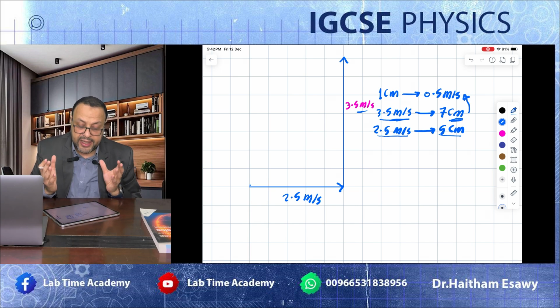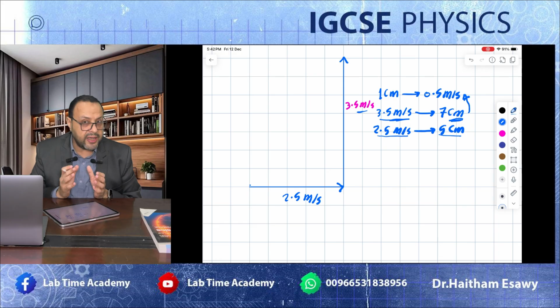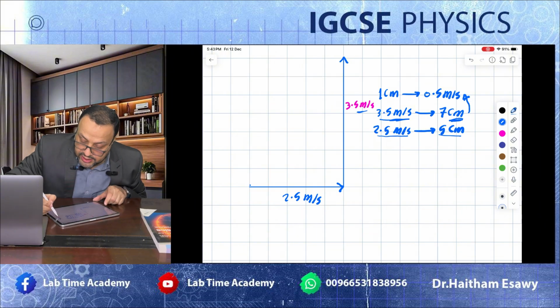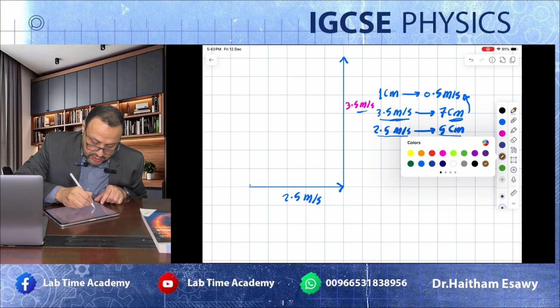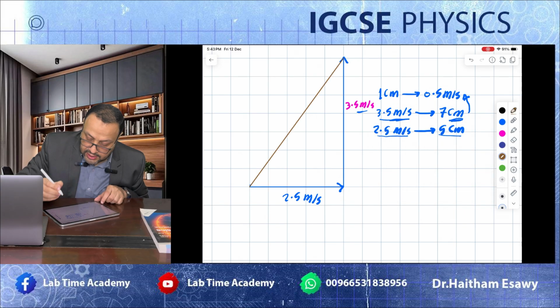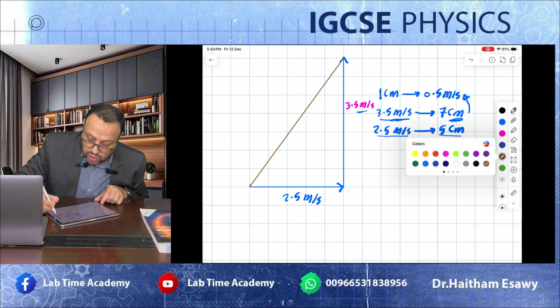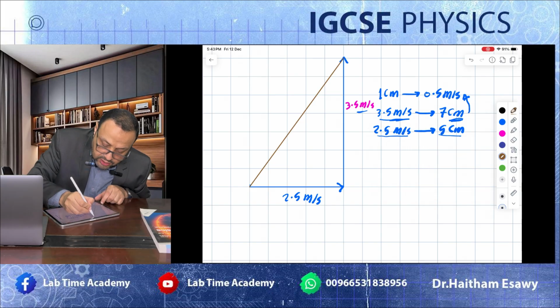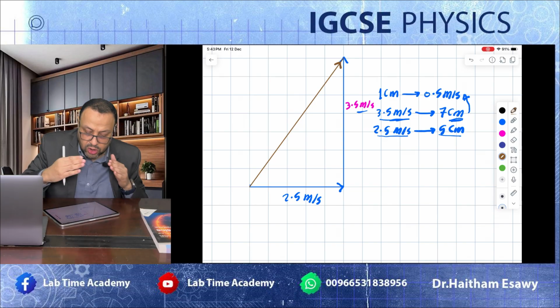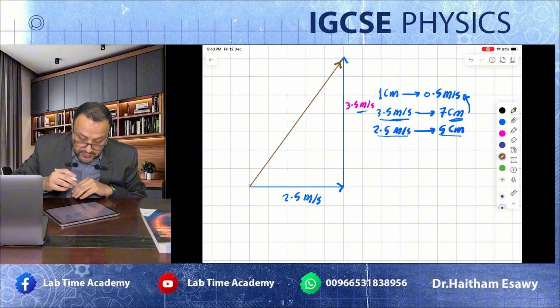After that, we can get the resultant. As I said, you just have to close the triangle. So here, the resultant will start from here to there. And take care, you have to draw the direction. The direction for this is opposite to the direction for this. Opposite directions to get the resultant.